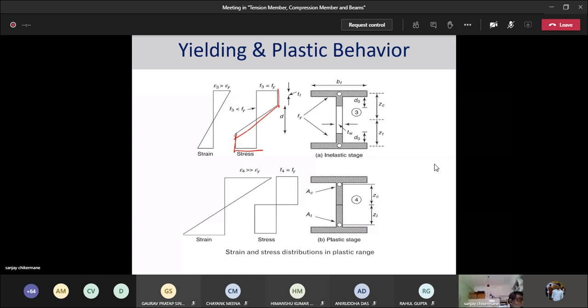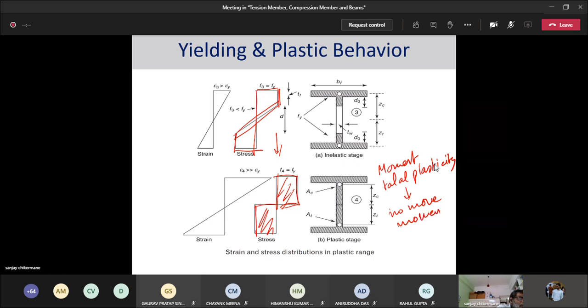From this, which is your partial plasticity, you eventually reach a total plastic behavior. And this moment at which total plasticity is reached, after this moment, this section can take no more moment and it behaves as a plastic hinge.